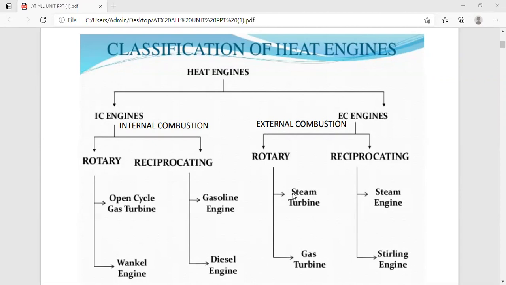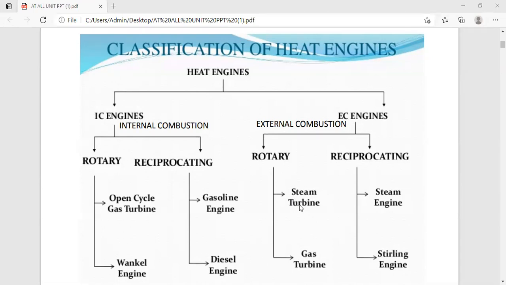Or, if we take the example of the turbine, it is a rotary engine for useful work. In a closed cycle gas turbine, the heat of combustion in an external furnace is transferred to the gas, usually air, which is the working fluid of the cycle.